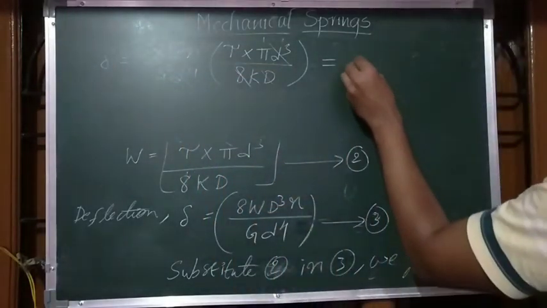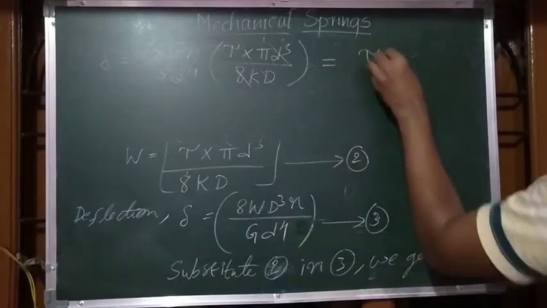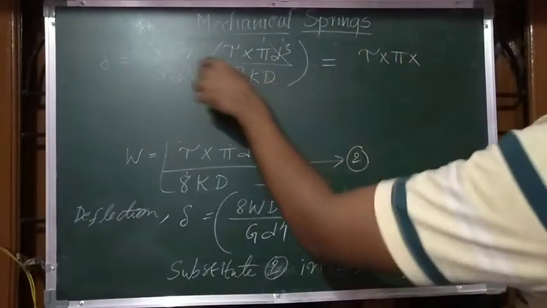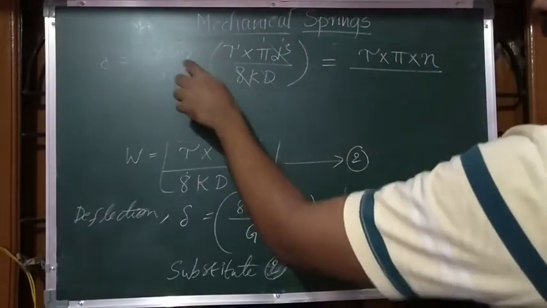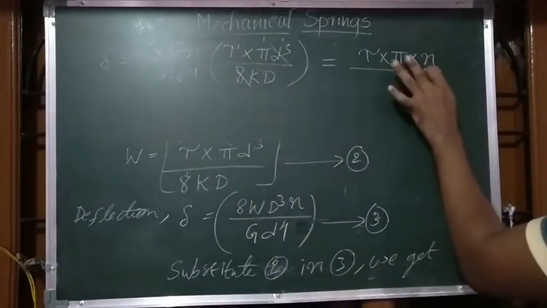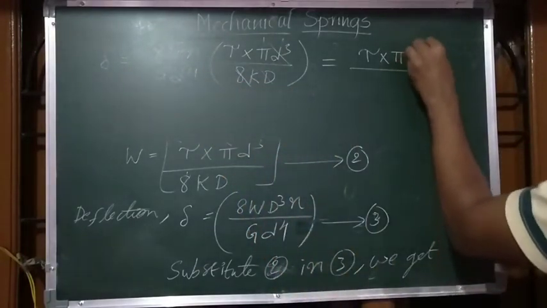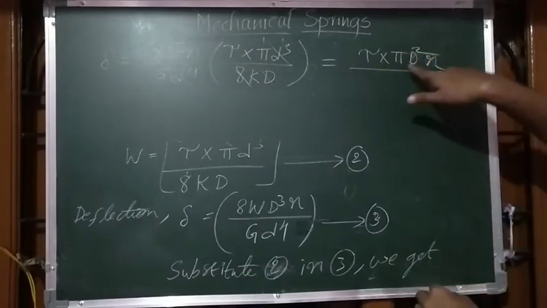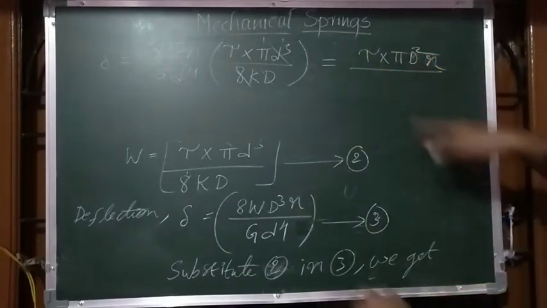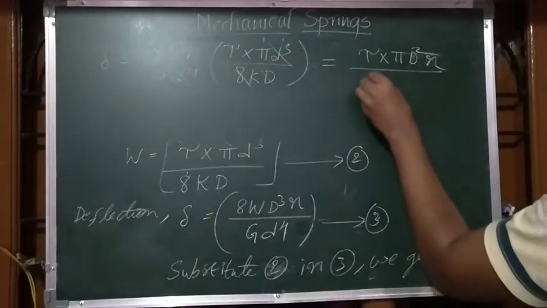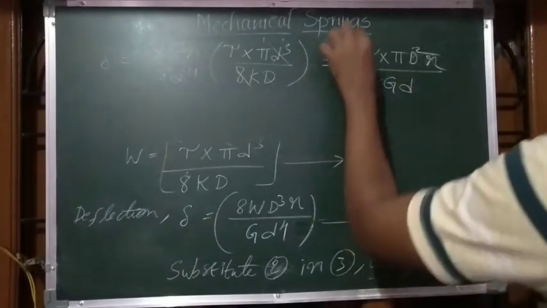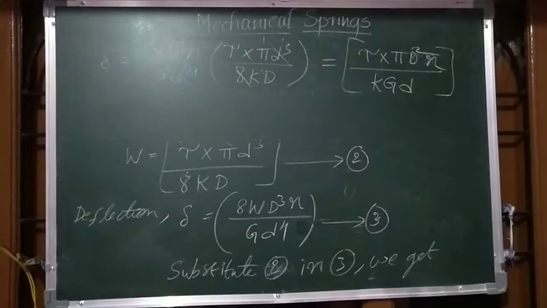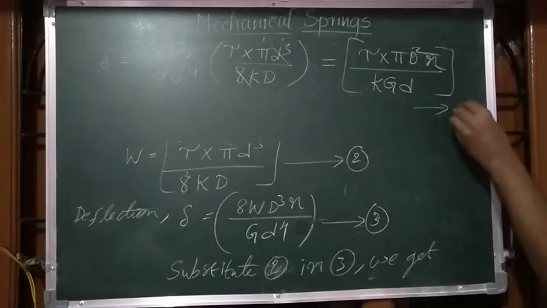So the final expression is tau pi d square n divided by k G D. This is the expression for delta, equation number 4.